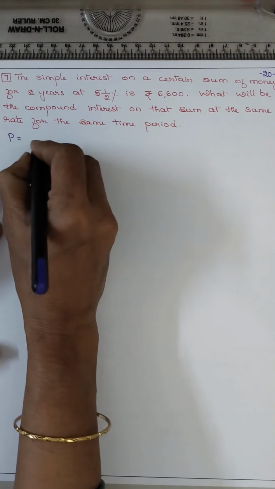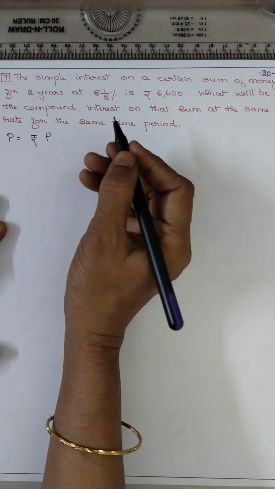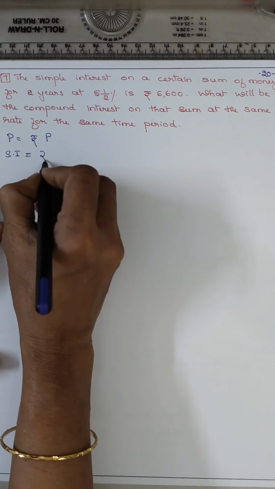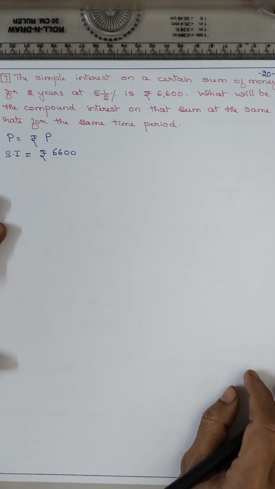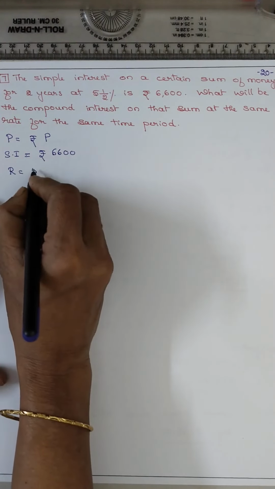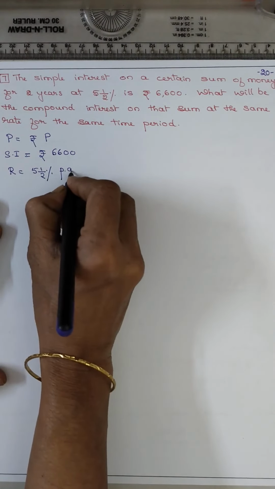So P is equal to rupees P. And SI is given as 6,600. And rate of interest is given 5.5% per annum.